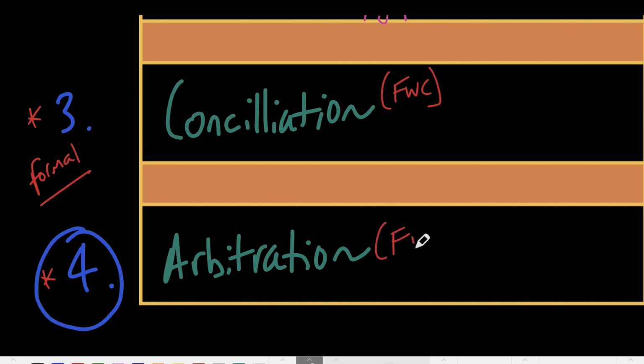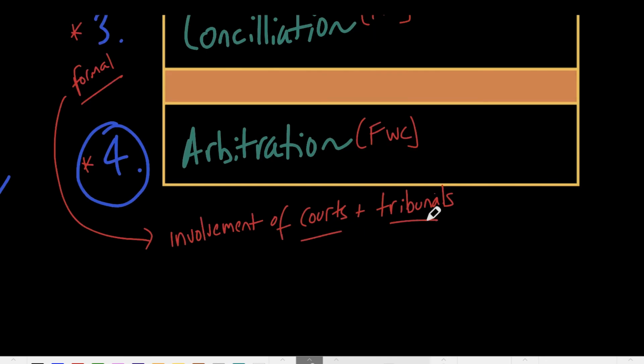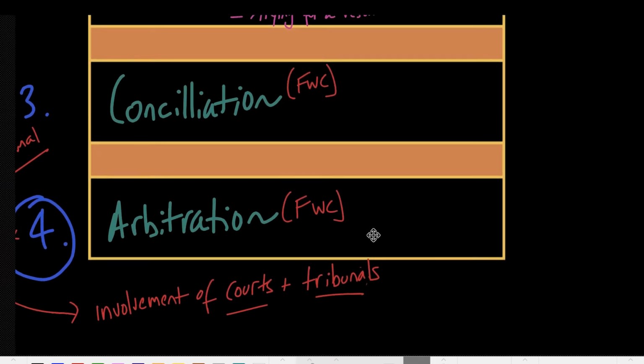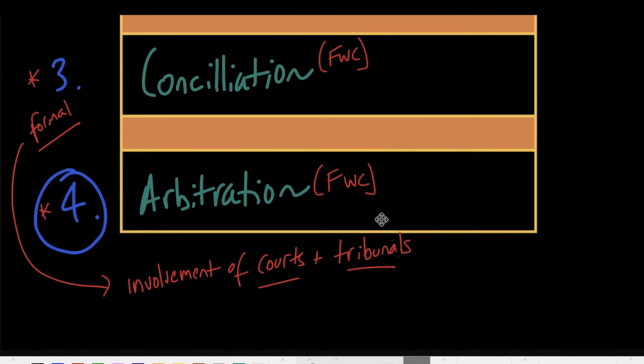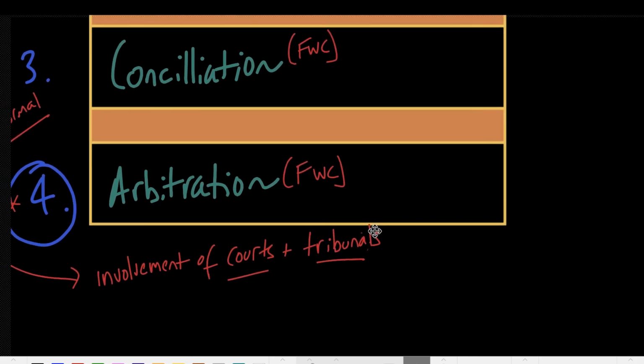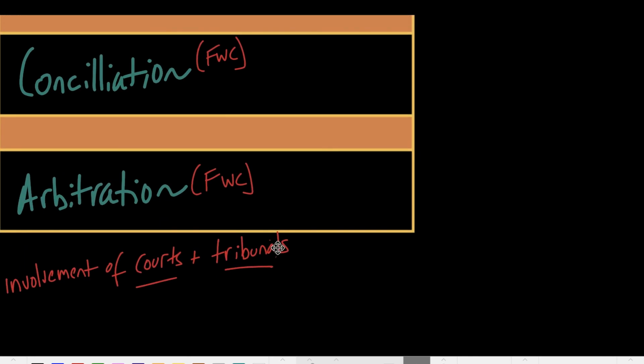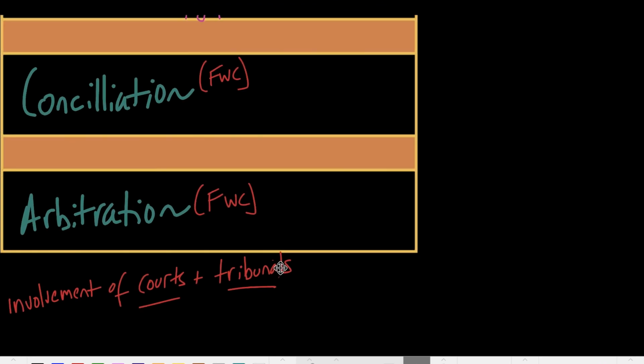What we are starting to see with these 2 points is that we are getting the involvement of courts and tribunals now. It's no longer internal, it's no longer bringing along just an independent third party. Now we actually have the courts and tribunals involved to try and solve this dispute, because we've been unsuccessful so far.